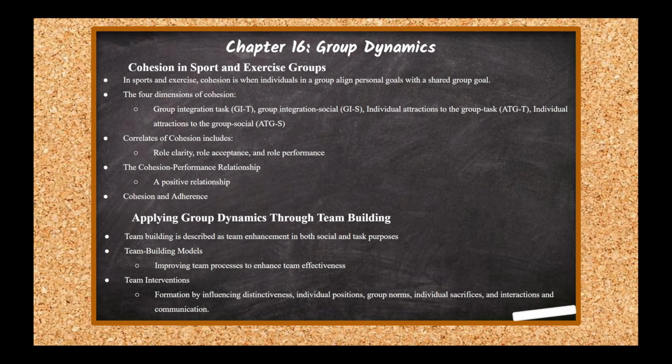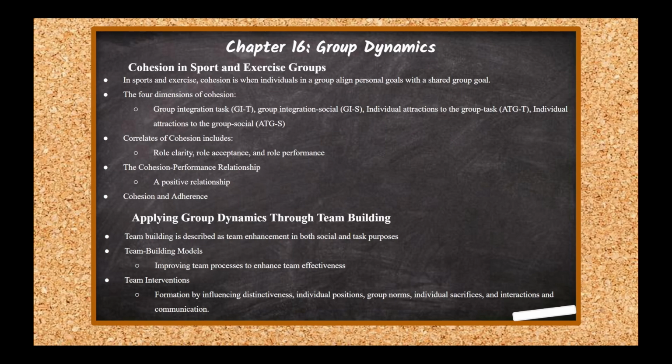Cohesion and adherence, pretty much cohesion facilitates exercise adherence, or cohesion is like how teammates stick together for a common goal, and adherence is the individual's ability to stick to their own individualized goal for high performance of the group or their contribution.